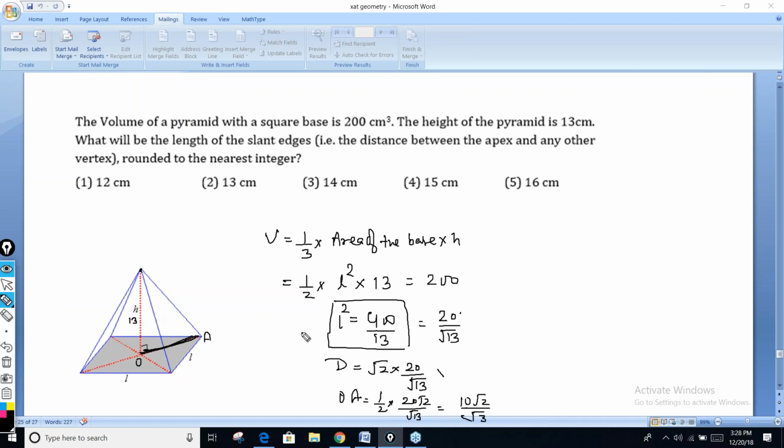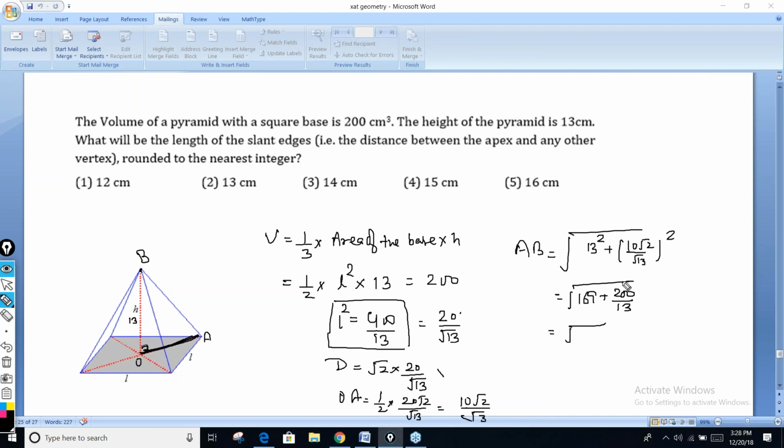We need to find this. Use the Pythagoras. This is 90 degree. This we know, this we know. So what is the value of, let's say, AB? AB square is 13 square plus this square, 10 root 2 upon root 13 square. So that is 169 plus 200 upon 13.